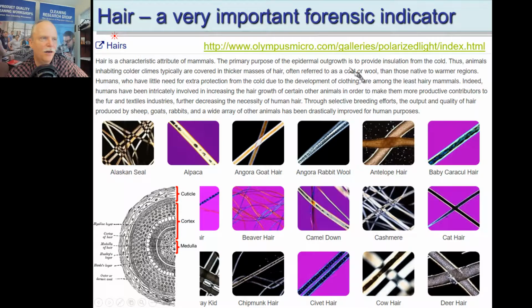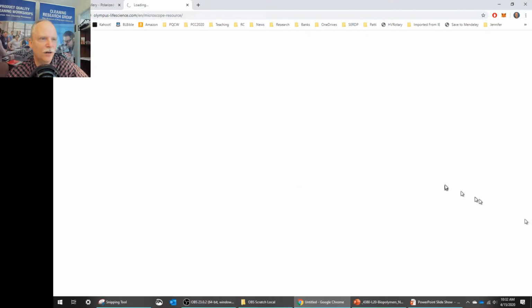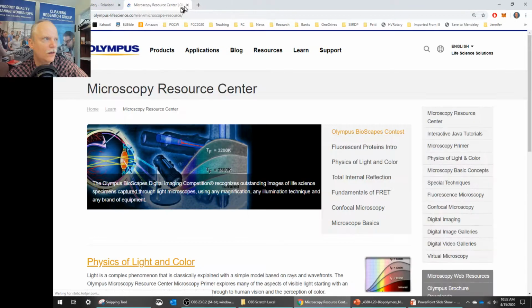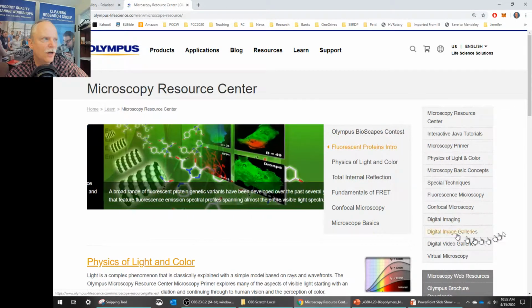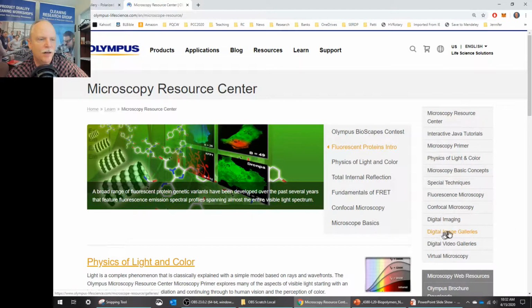I encourage you to go to this Olympus microscope gallery. This is a great website of images. And so let's just go there quickly. And so here's the Olympus microscopy resource, and down here it says digital image galleries.